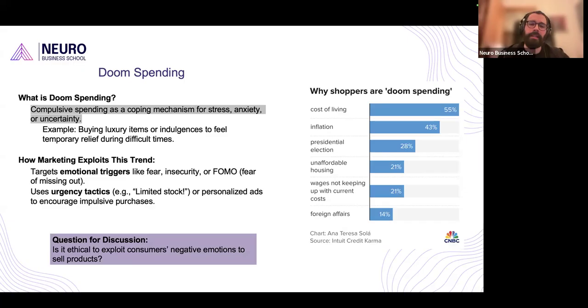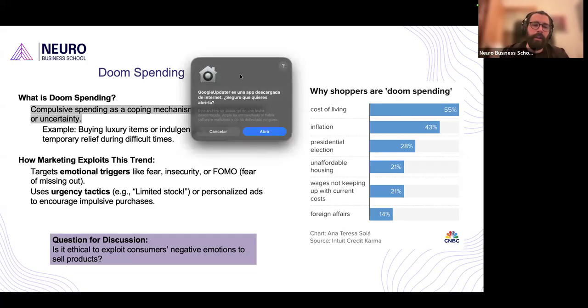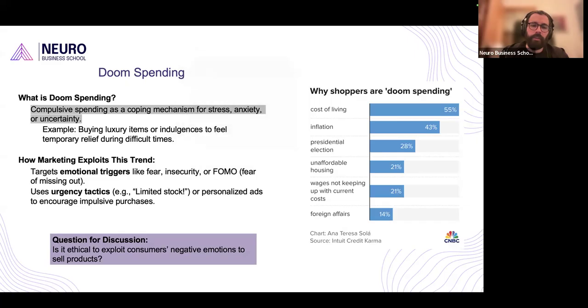Why? They don't need the lipsticks, and lipstick is probably considered a luxury item, especially in that moment, because it's an item that they don't really need. So luxury items, indulgences are bought because they feel temporary relief during these difficult times.